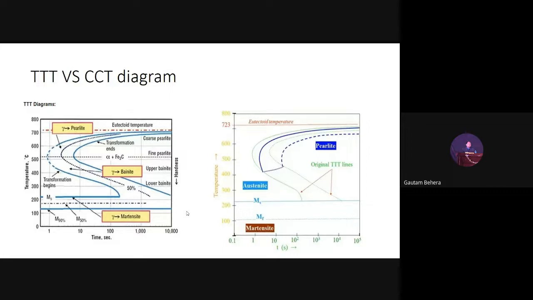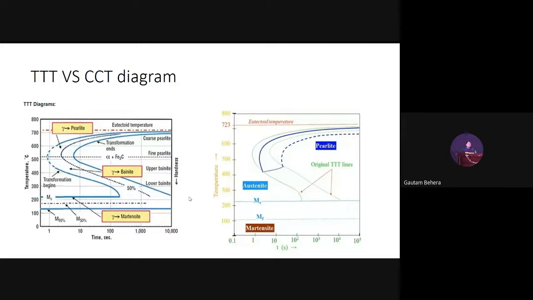Because it tells us about the rate of cooling and the product formed, right? Whether coarse pearlite or fine pearlite will form, upper bainite, lower bainite, or martensite. All this information you are getting, and that depends upon the rate of cooling.